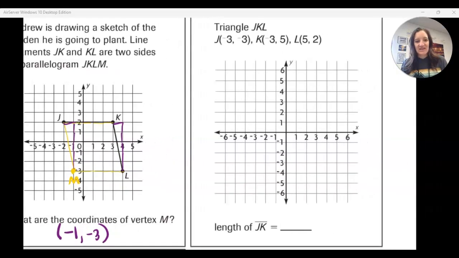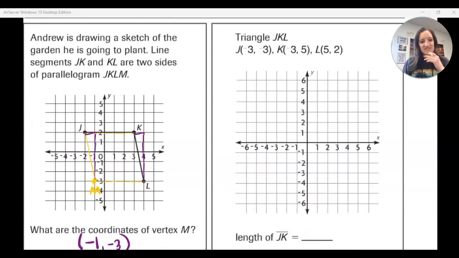Here's a triangle that we're going to find the length of JK. Now, I've taught you how to find the distance without even having to draw it. So here you could draw it, of course. But if it just wants the length of JK, just kidding, we're actually going to do it. What is the distance between the -3 and the +5? -3 all the way to +5 is 8 units, isn't it?